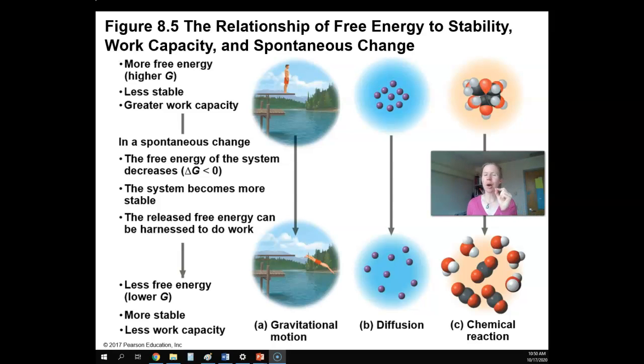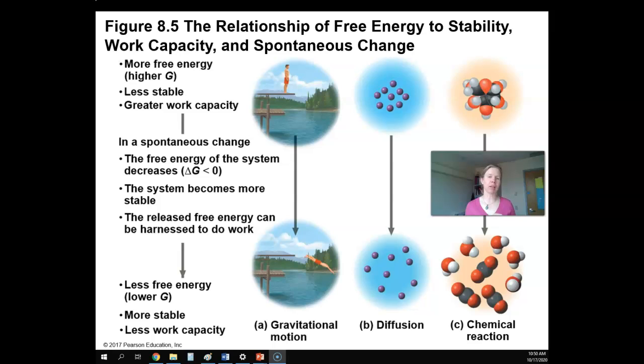If we set this upright, the movement from that high free energy to low free energy, we can harness that to do work. We are actually going to see that in cellular respiration. We harness the diffusion of some hydrogen ions in order to do work. And maybe this will make more sense when we get there.